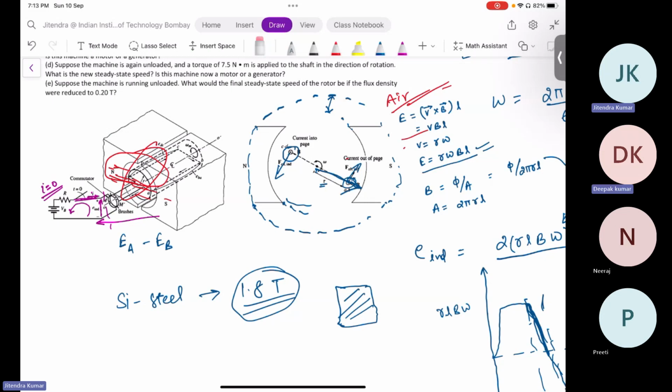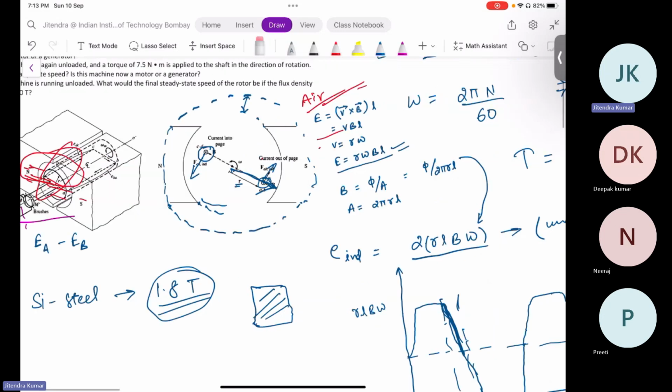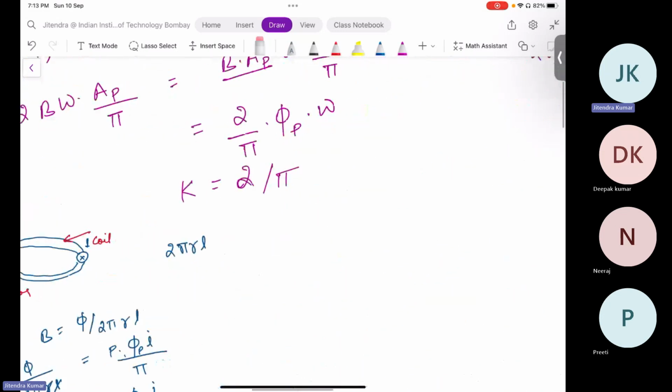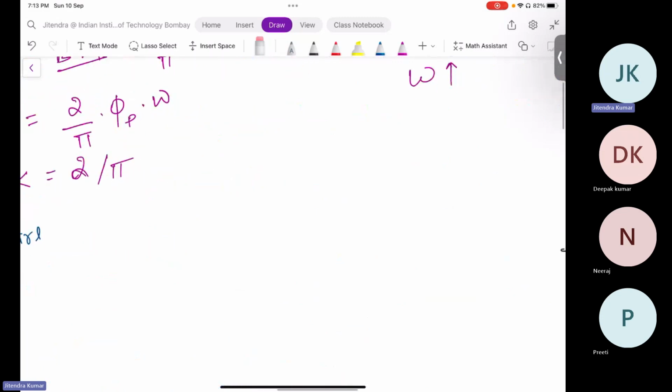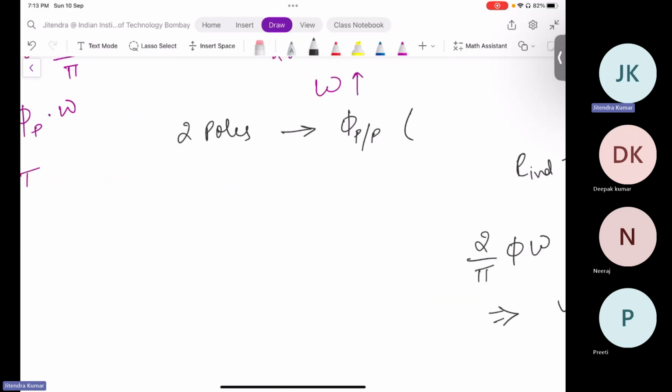Because the core is restricted to cater only a limited amount of flux, if you are increasing the number of poles, you have to decrease the flux per pole. For two poles, whatever flux per pole is coming out from the north pole, it's going to the south.